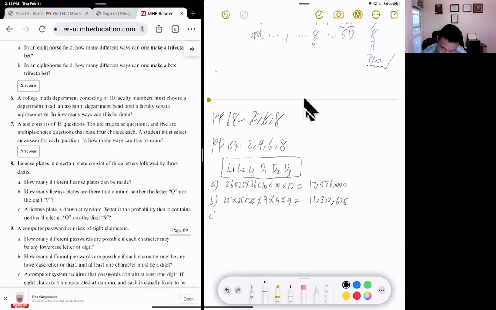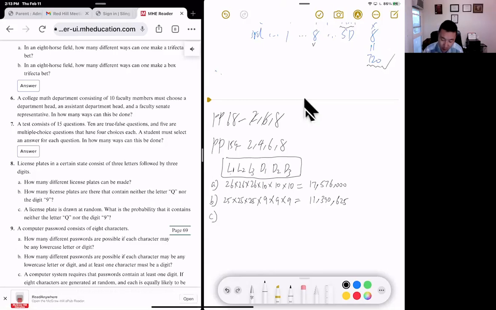Okay, so that's part B. Part C is asking, a license plate is drawn at random. What is the probability that it contains neither Q nor the digit 9? Okay, so how to answer that part of the question?